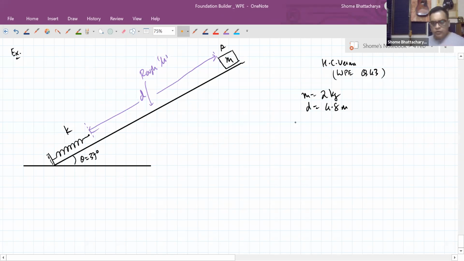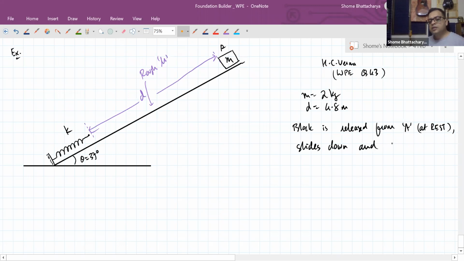Okay, so the block is released from the position A at rest, slides down and compresses the spring by a maximum of 20 centimeters.